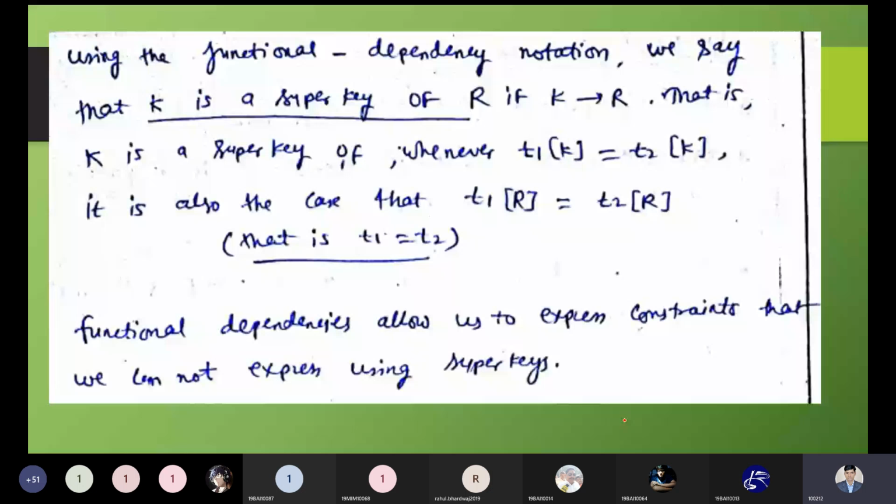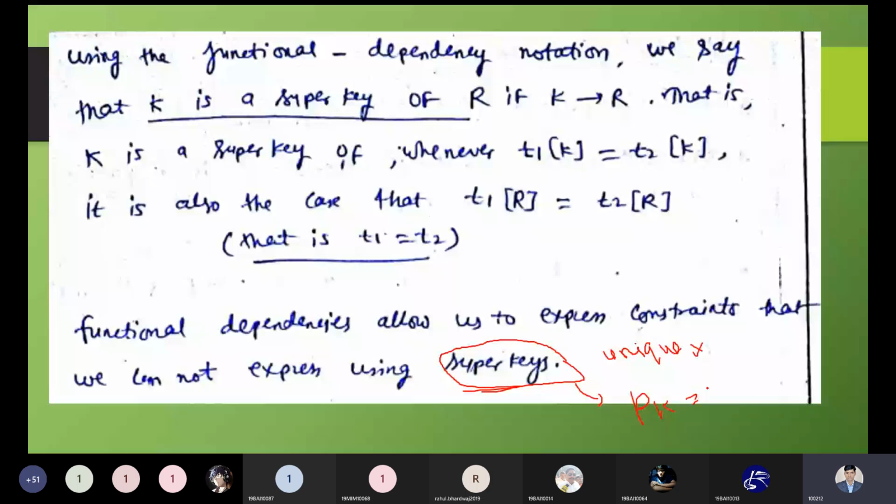There's no guarantee of no duplicacy, but in the primary key there will be no duplicacy. The last point is that functional dependency allows us to express constraints that we can't express using the super key. Super key does not represent your entire tuple values in a unique way, so to avoid such a thing, we have the primary key. Primary key will have uniqueness. This is the point we need to keep in mind.